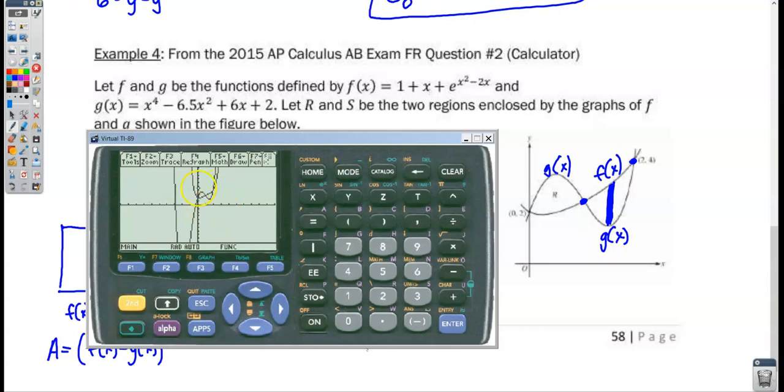I see this region right here is what I'm looking at. So I'm just going to use one of my favorite zooms. I'm going to zoom box in on this thing, putting a box around what I want to look at, because this very closely will resemble what's on my paper.